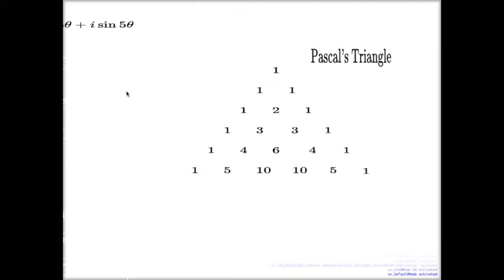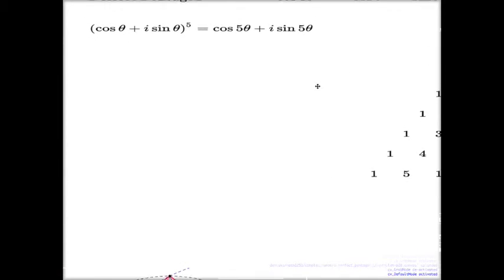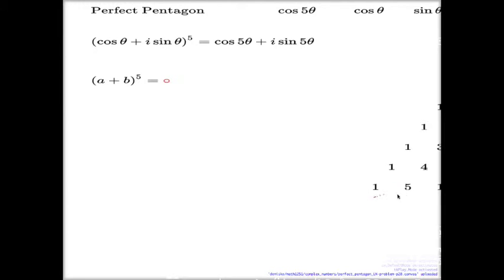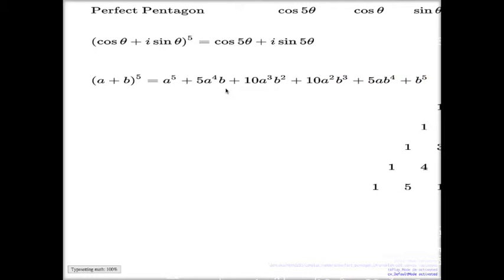So if you just remember these coefficients, 1, 5, 10, 10, 5, 1, and I go back to the main side of the slide, if I want to see the expansion for a plus b to the power of 5, all I need to do is take these coefficients and spread them across the expansion like this. 1, 5, 10, 10, 5, and 1.